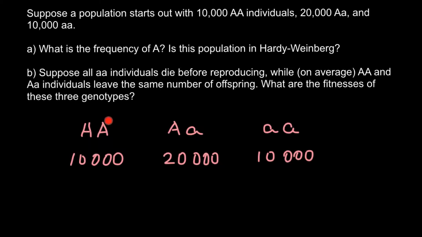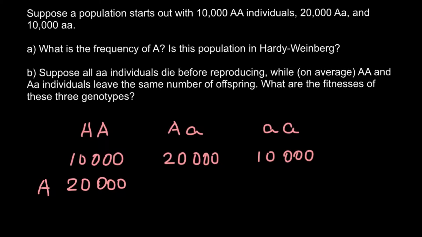The 10,000 individuals here each have two dominant alleles. That means we have to multiply this number by 2. So the total number of dominant alleles here would be 20,000.